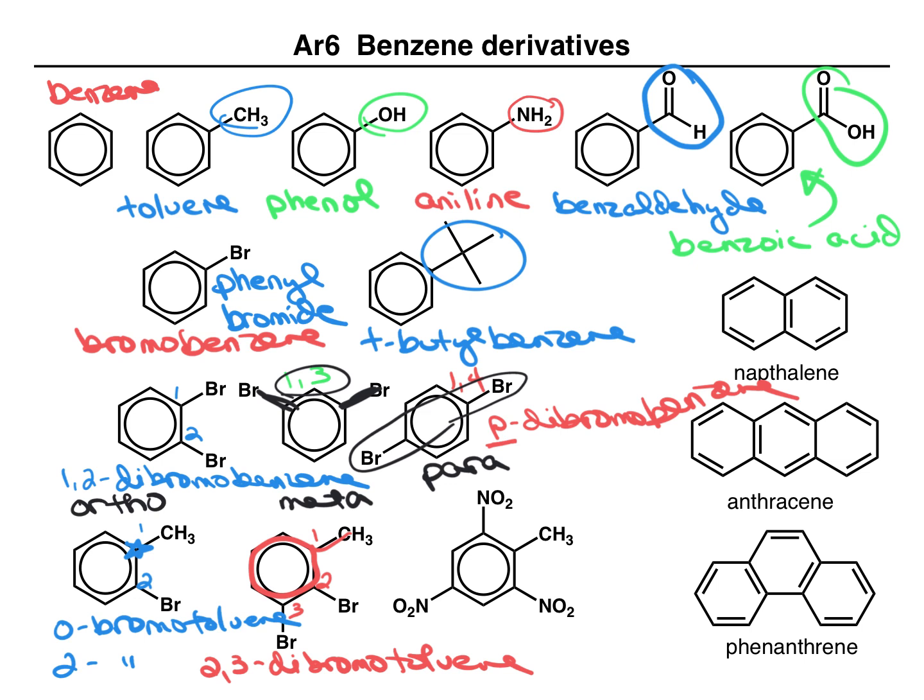And then one more example that is named as a toluene. If this is 1, we can go clockwise or counterclockwise, it doesn't matter. 2, 4, 6. So this is 2,4,6-trinitrotoluene, better known as TNT.